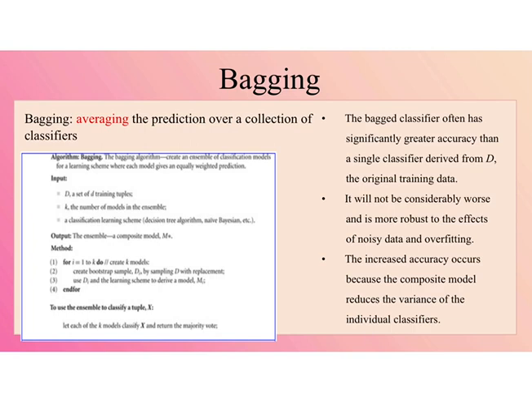So dalam konsep bagging, apa yang berlaku ialah setiap kali kita guna satu X data ni, kita bagi pada classifier. Ada 4 classifier berbeza, 5 classifier berbeza.